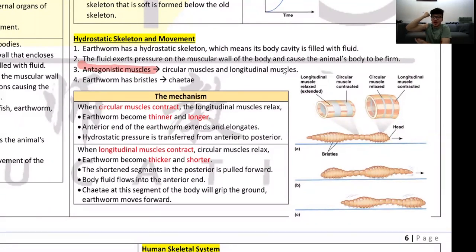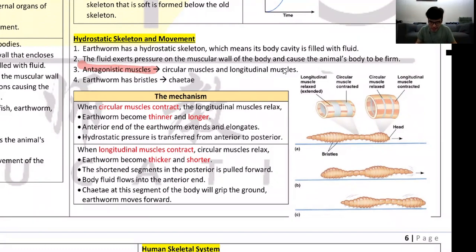When my tricep contracts, my bicep will relax, so my arm will extend. They work in opposite. You cannot have both contract, and you cannot have both relaxed, because this thing will have nowhere to go. So antagonistic means they fight each other.